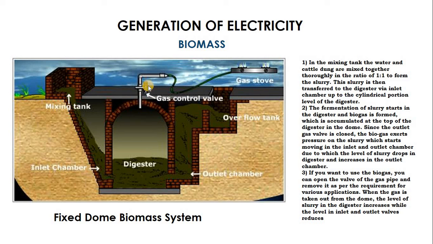Now if this valve is closed and the decomposition continues, more gas will be produced, and as the gas is produced, pressure begins to build up. Now when the pressure becomes high and the valve is still closed, the gas will now begin to push down against the mixture that is here.